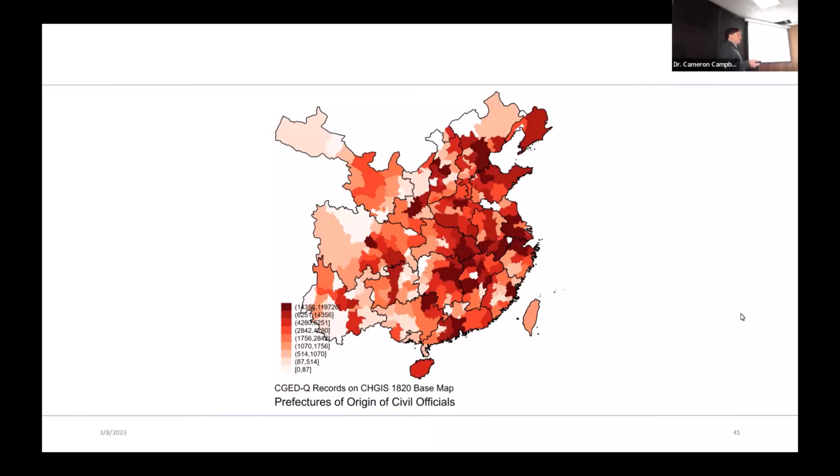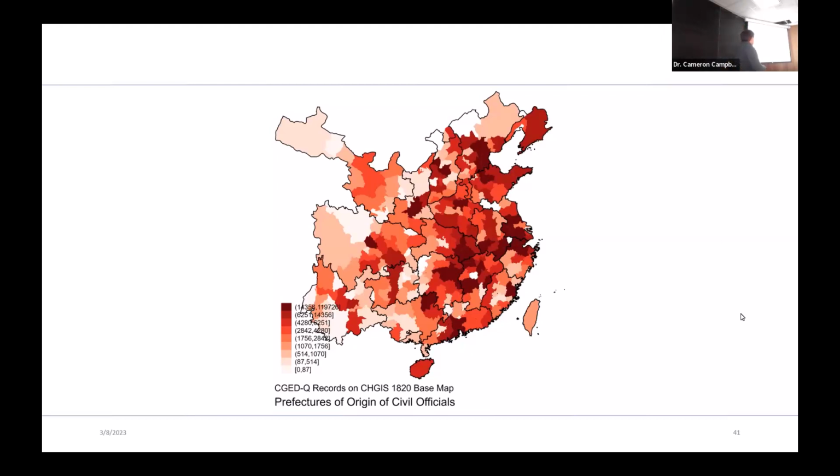Basically, there was one sitting of the exam during the Ming Dynasty when they didn't have provincial quotas, and all of the people that passed the exam were from southern China. Nobody from northern China passed the exam. The emperor got really upset and threw out the results of the exam. And then they imposed provincial quotas to limit the number of Southerners that would pass the exam and favor Northerners.